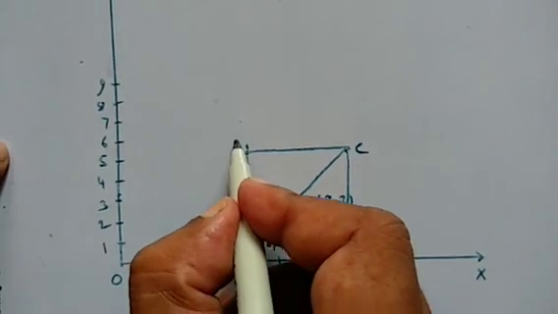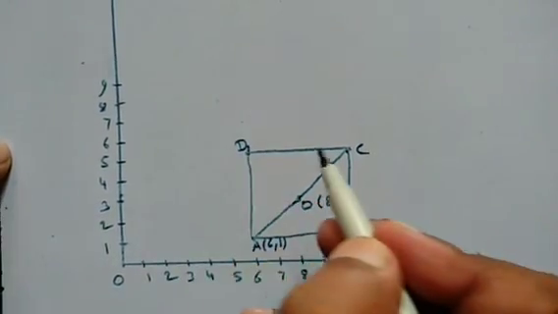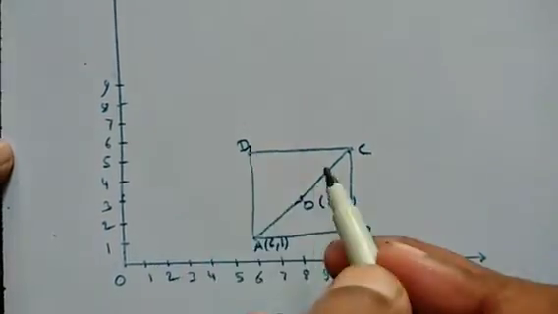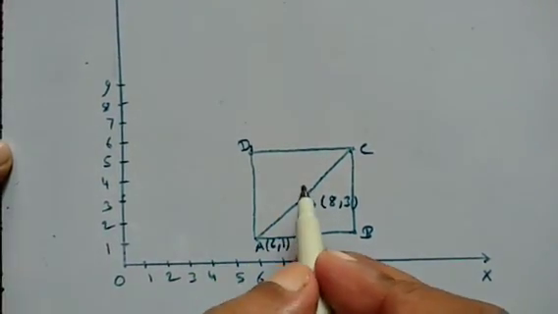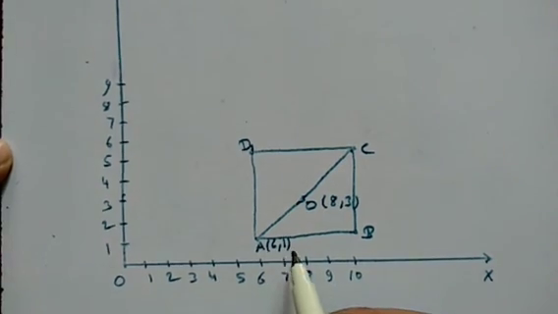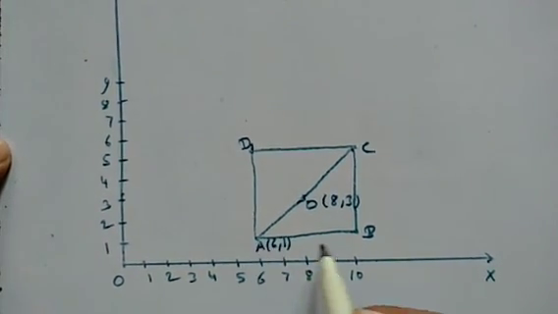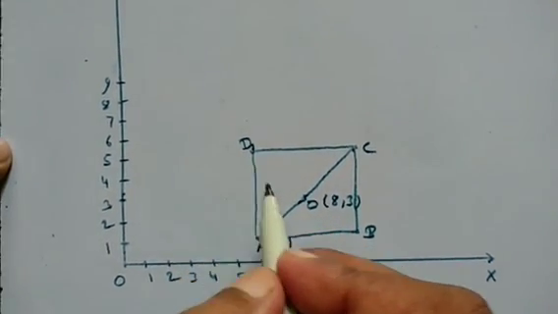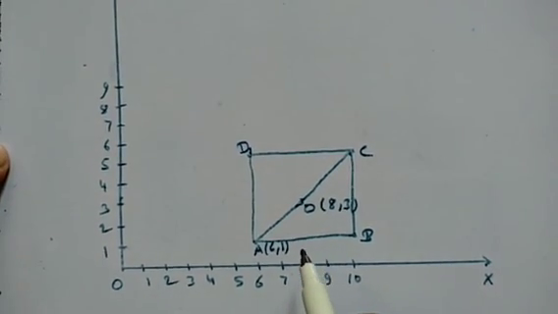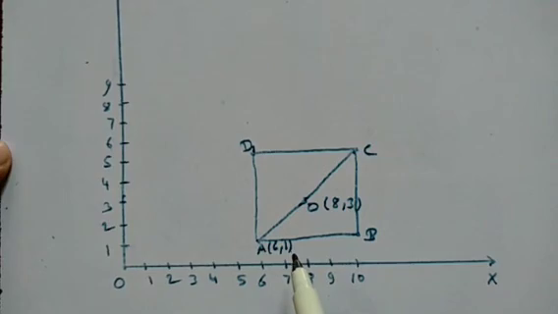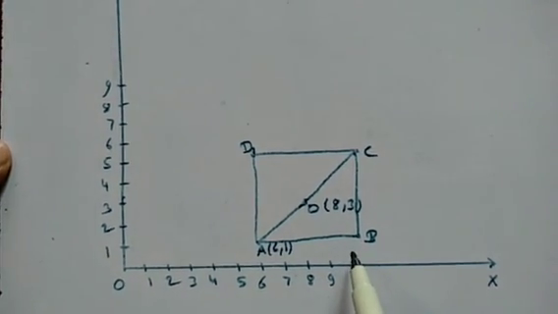This point will be D. Thus, our square is completed. ABCD is a square. Okay, children. Thank you.